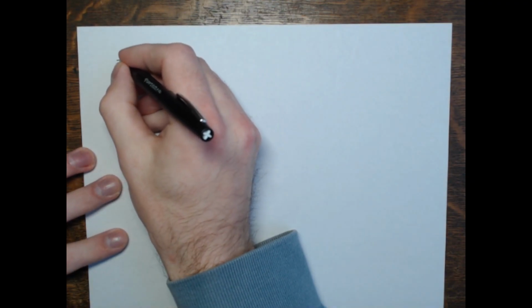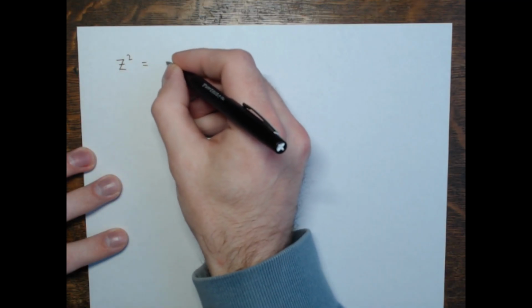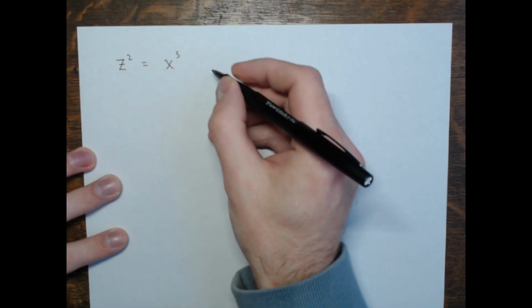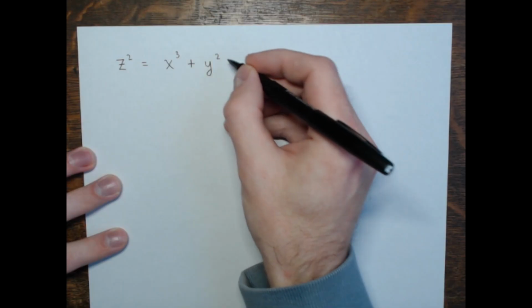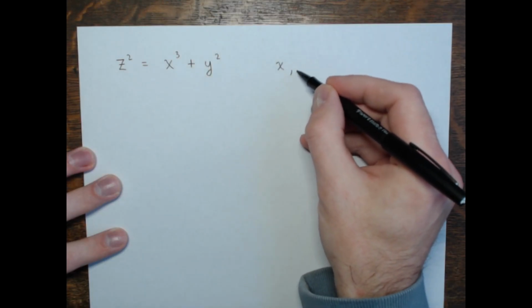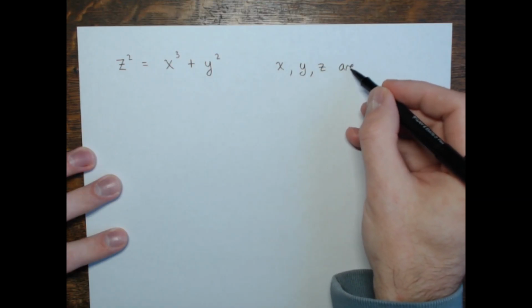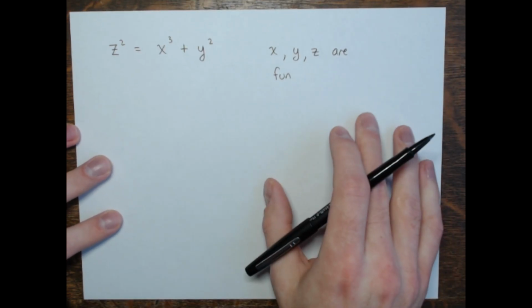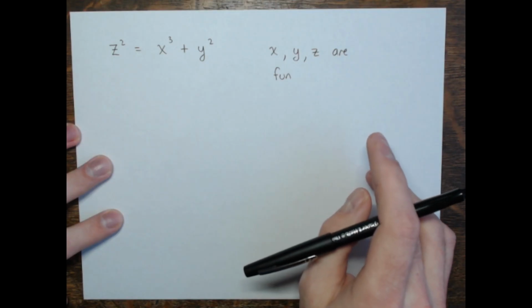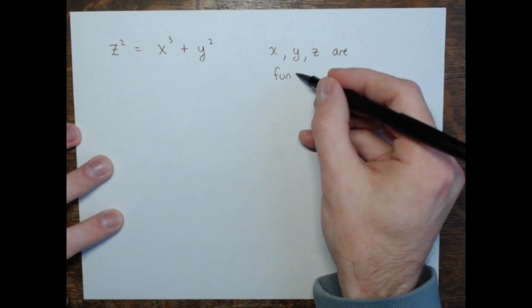So we're given this equation, z squared equals x to the third power plus y squared, where x, y, and z are, and I'm assuming they are, differentiable functions, meaning the derivative exists at any particular point.